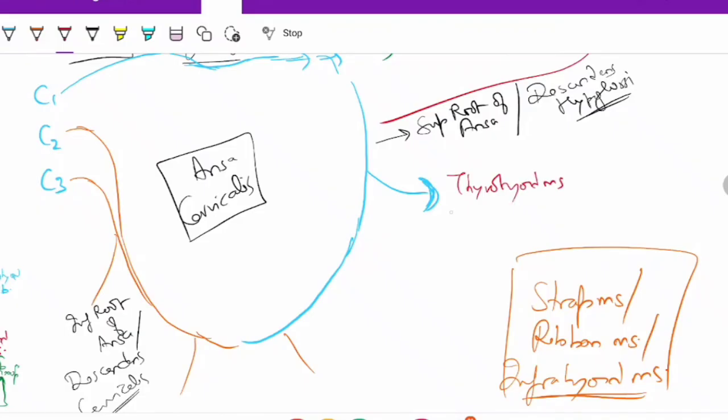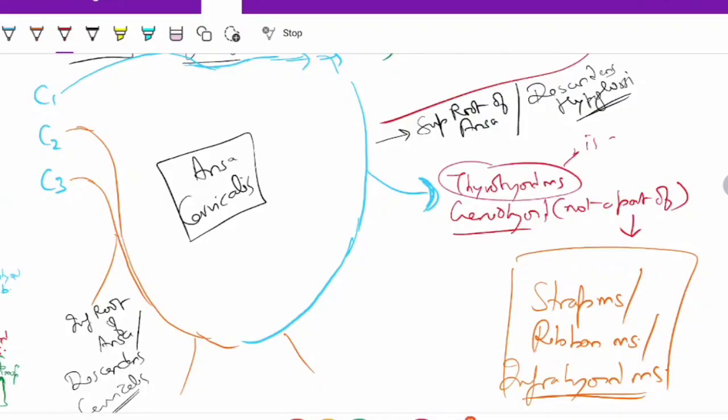There is one more muscle it supplies, geniohyoid, but geniohyoid is not a part of your strap muscles. The thyrohyoid muscle is a part of your strap muscles, whereas geniohyoid is not. So thyrohyoid is supplied exclusively by the superior root.